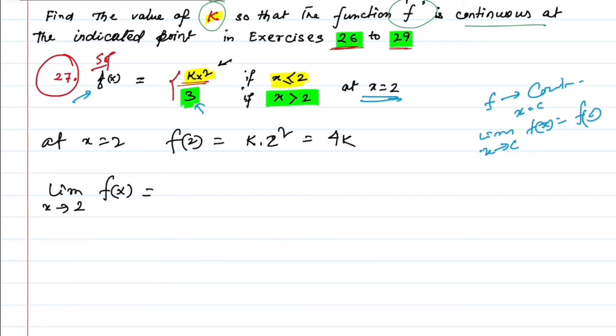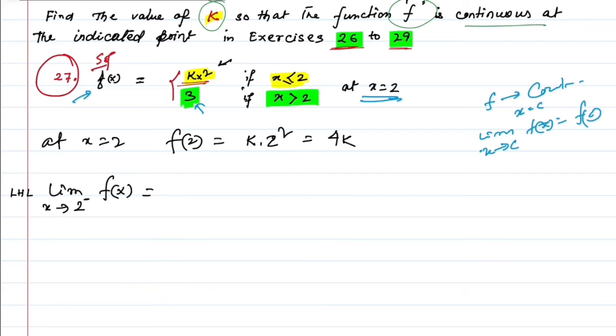Okay, different cases here. So let us write the left hand limit. So x tends to 2 negative means left hand limit, it is tending towards 2 from the left hand side, from the numbers which are smaller than 2.